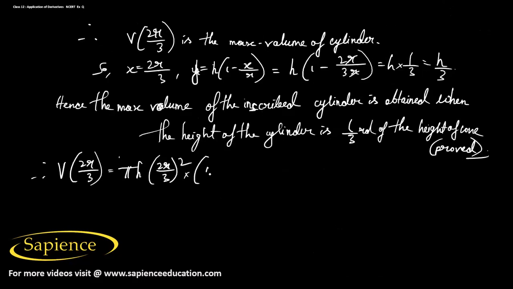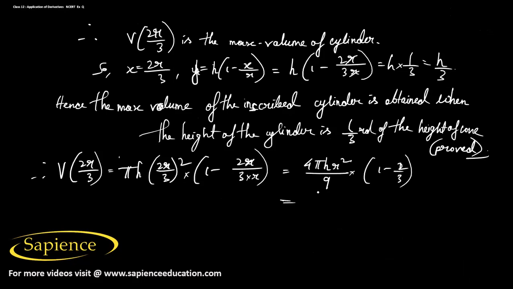Since here x is 2r by 3, so that is pi h into 2r by 3 whole square into 1 minus 2r by 3 divided by r. So that will be equal to 4 pi h r square by 9 into 1 minus 2 by 3. So that is 1 by 3. So 3 nines are 27. So that is 4 by 27 pi h r square.